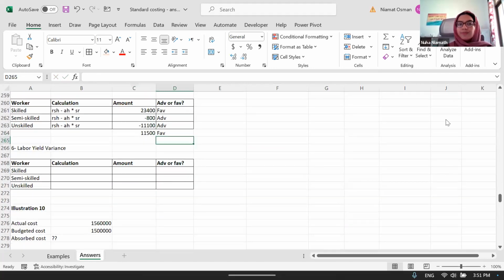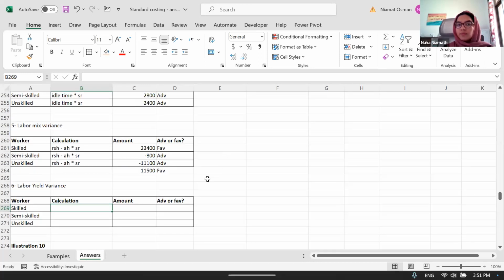All clear? Okay, yield variance formula, quickly. Somebody tell me what is yield variance? SH minus RSH into SR. Perfect. Thank you.